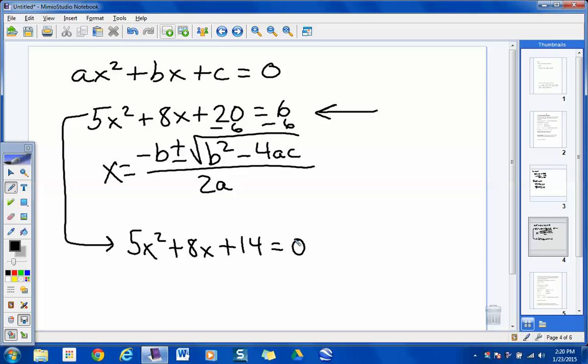What would your a value be in this situation? 5, right? What's your b value? And what's the c value? Okay. Do we understand that? The a, b, and c values off of any quadratic? Yes? No? Yes? Okay.